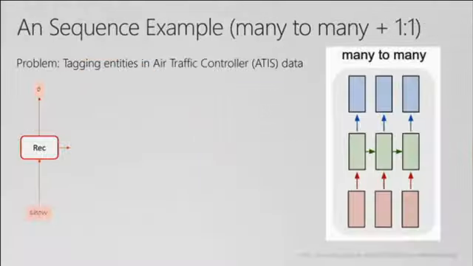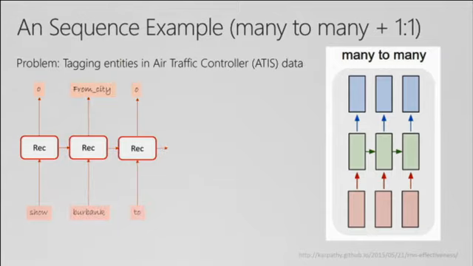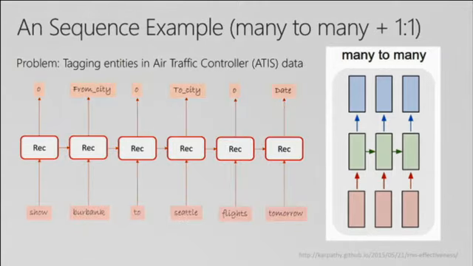Now, one of the strengths of CNTK is handling sequence data. Just to give you an example of what kind of problem we can solve, this is a many-to-many sequence mapping example. The input is a sentence saying, show Burbank to Seattle flight tomorrow. What this recurrent neural network is trying to figure out is which city is the from city, which one is the to city, and what is the date.